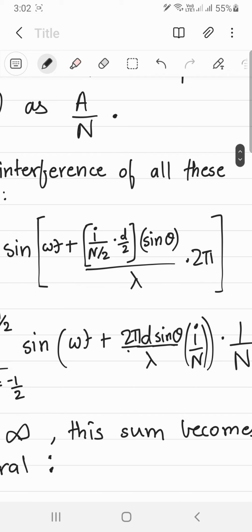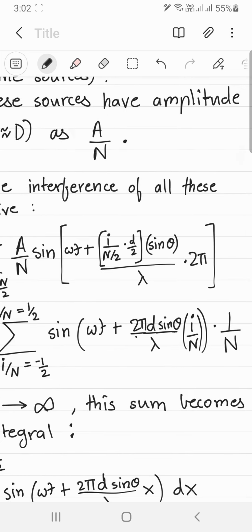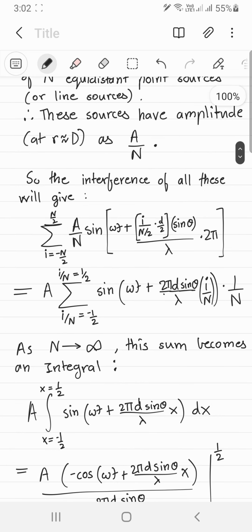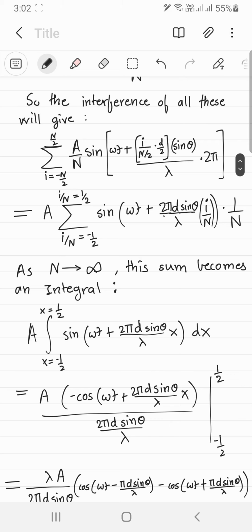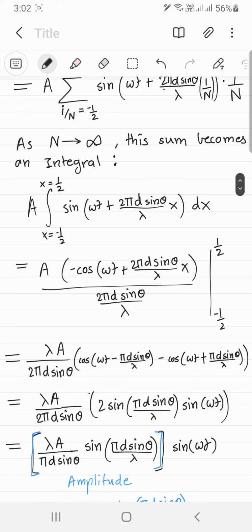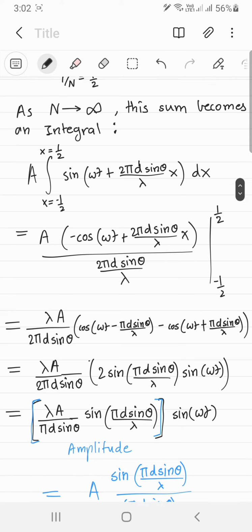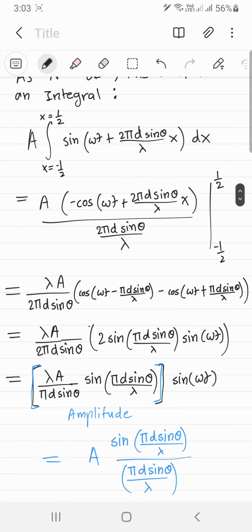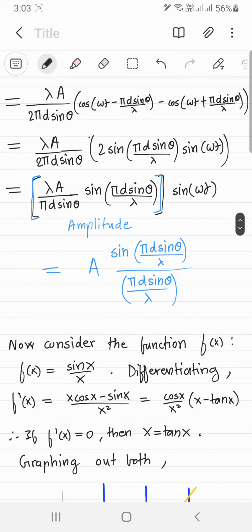So the phase difference from the central source, of course. So this summation, as capital N approaches infinity, can be written as an integral. So this basically becomes this integral, which is not that hard to calculate. So doing all the calculation, it finally turns out to be this thing.